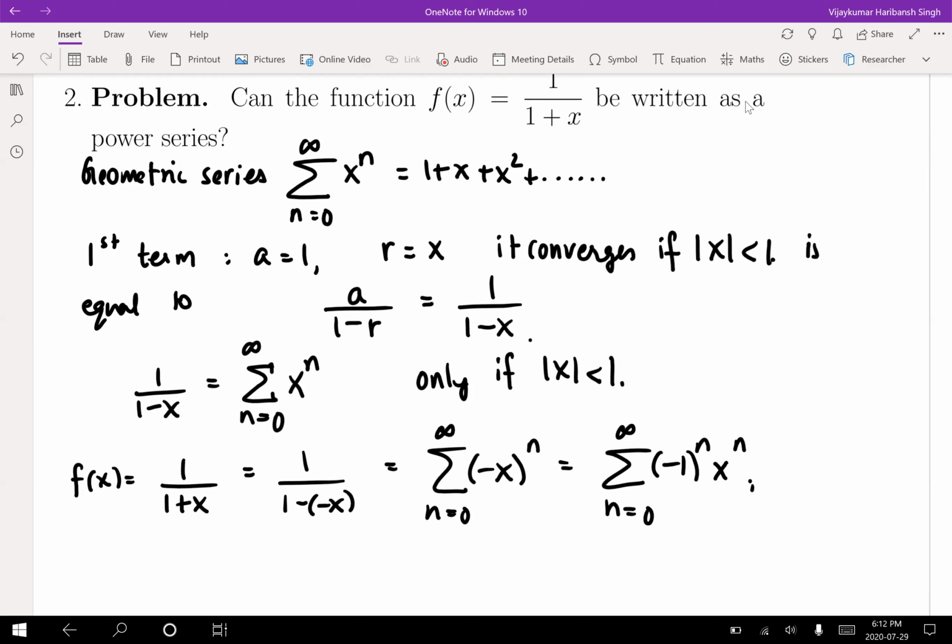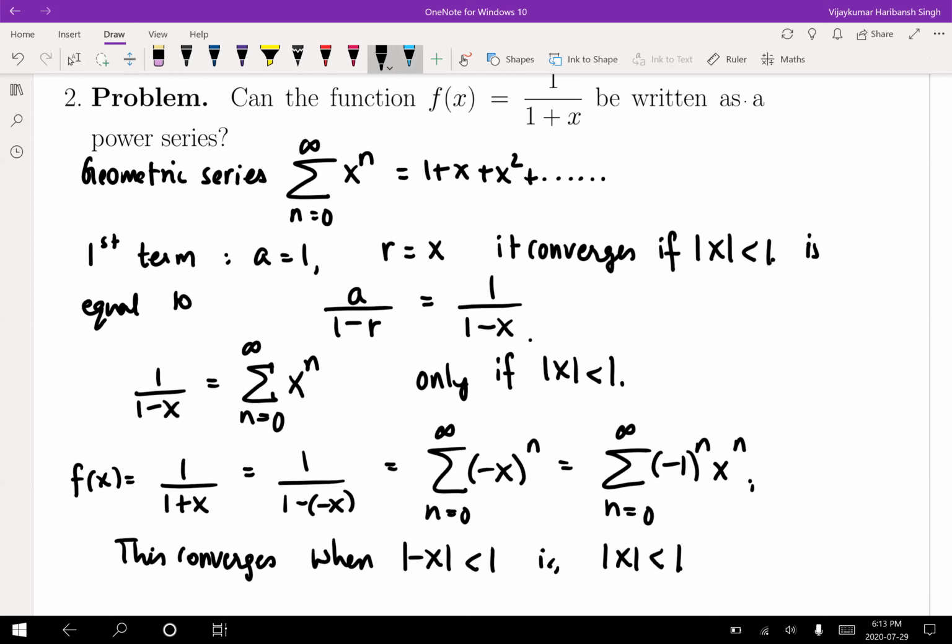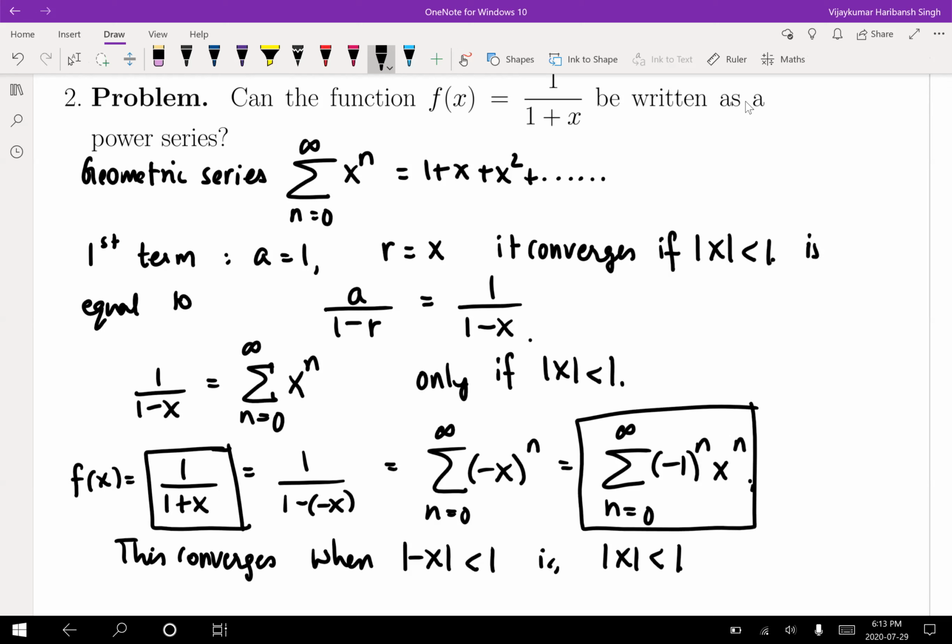And this converges when the absolute value of minus x is less than 1. That is the same as the absolute value of x less than 1. So this function is written as a power series like that, and this is only true when the absolute value of x is less than 1.